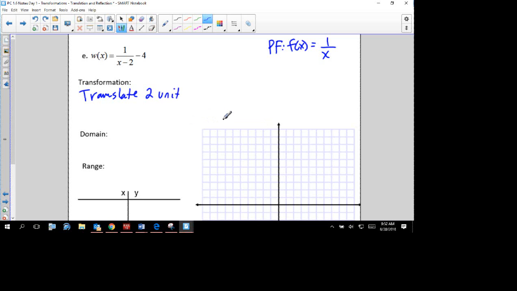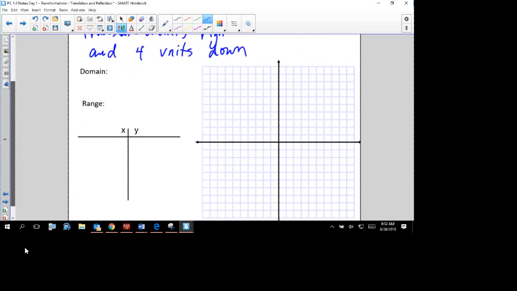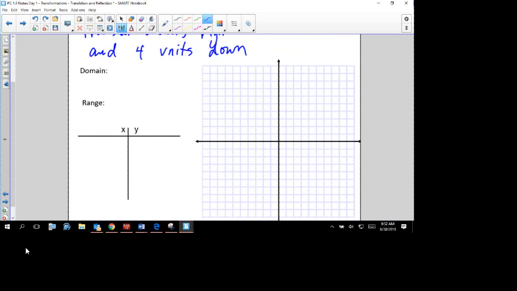Horizontal is opposite, so 2 units to the right. And 4 units down, because that one's vertical. And then you want to get your original parent function from your notes if you don't remember it. I know that there's an asymptote.